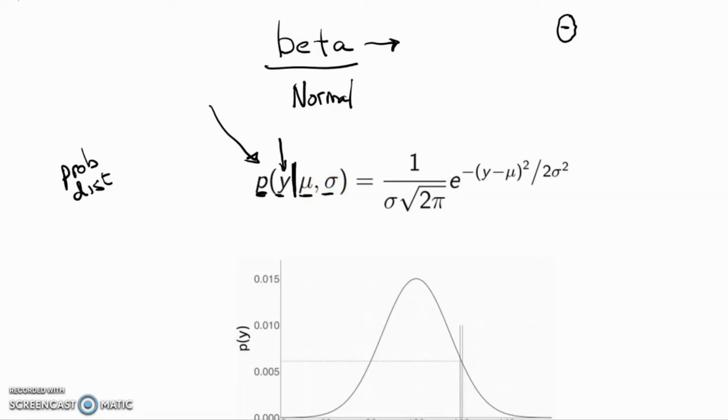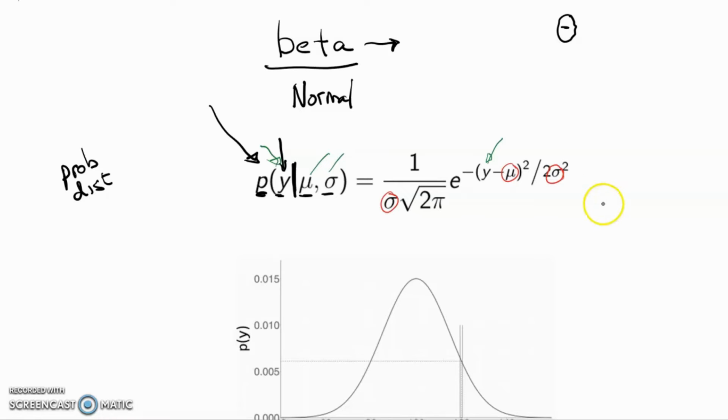We specify the values of sigma and mu, then enter y into the equation, and what comes out is the probability density of y given those values.